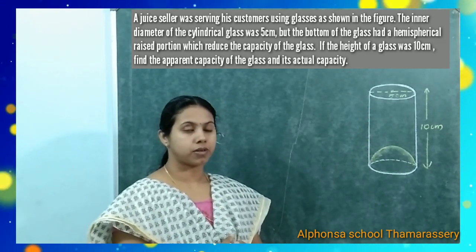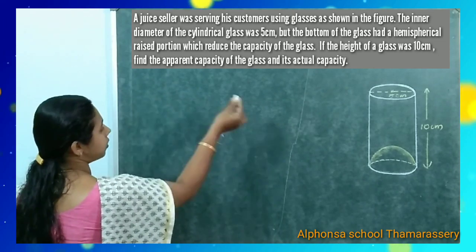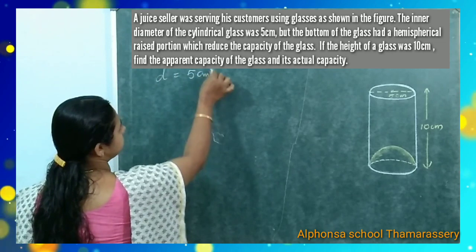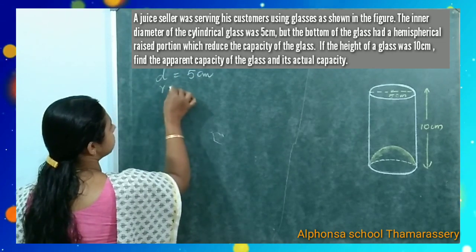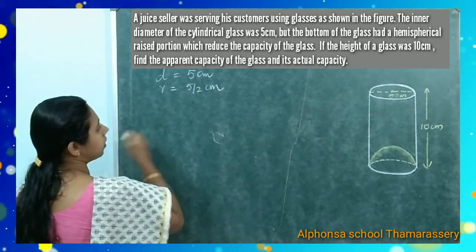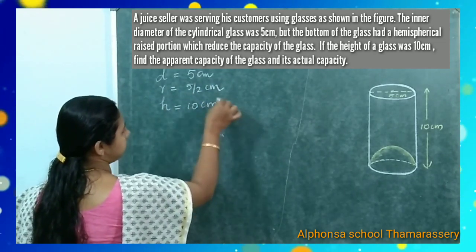So first of all, the diameter is equal to 5 cm, so the radius is equal to 5 by 2 cm, and the height of the cylinder is equal to 10 cm.